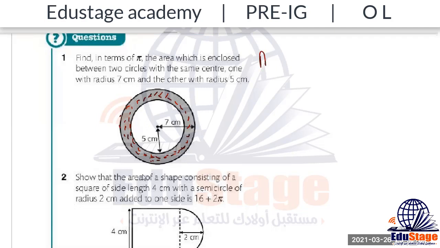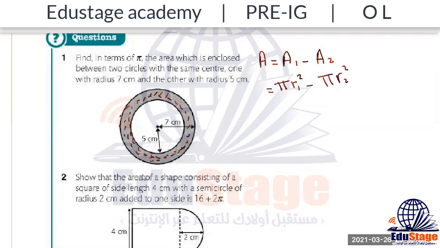So the area will be A1 minus A2. A1 is the greater one and A2 is the smaller one. So pi R1 squared minus pi R2 squared.